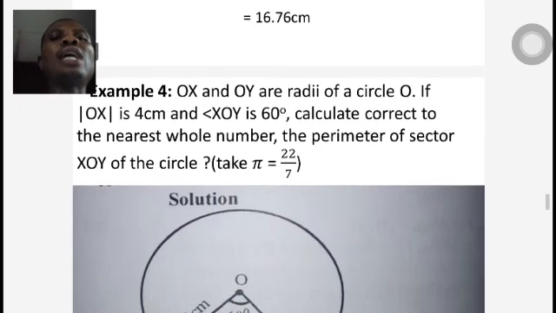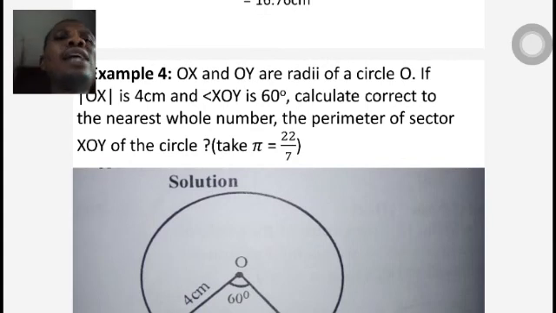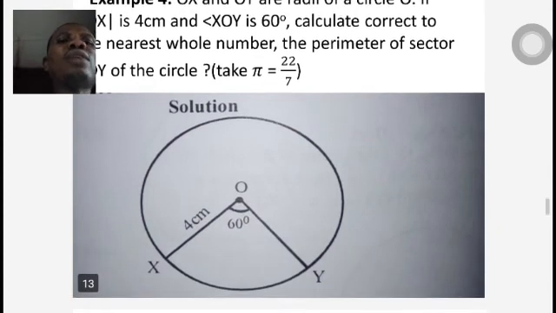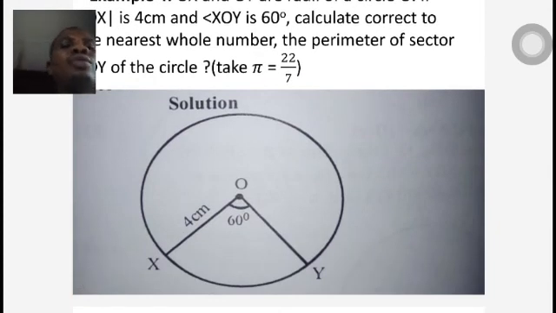Now, example 4. We have OS and OY as radii of a circle, center O. If OS is 4 centimeters and angle XOY is 60 degrees, calculate, correct to the nearest whole number, the perimeter of sector SOY of the circle. Take pi to be 22/7. Now, this is the diagram here.